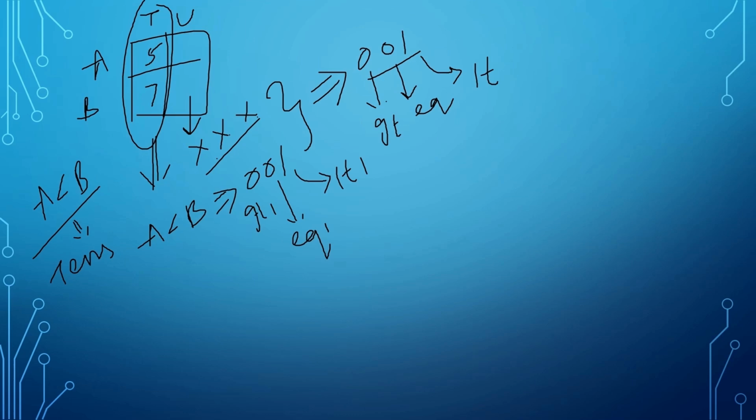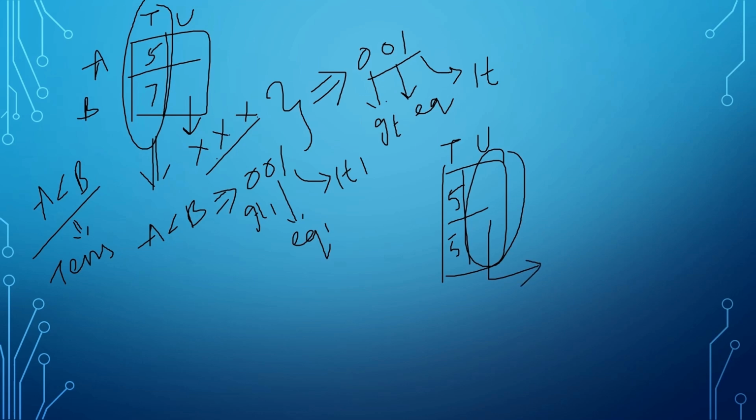Now when we consider these two places, tens place and units place, when the digits at tens place are equal, then we need to concentrate on units place. Then we know the drill. If A is greater than B, 100 comes. 010 comes when A is equal to B at units place. 001 when A is less than B.